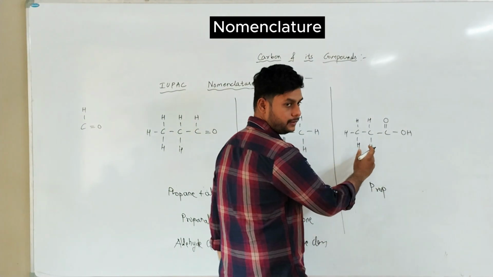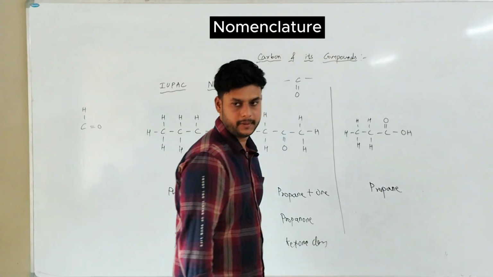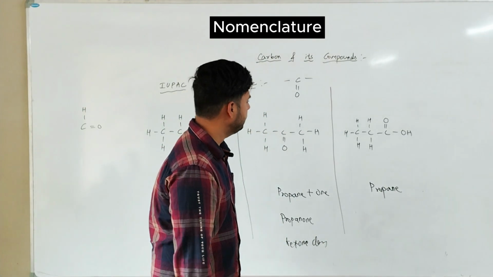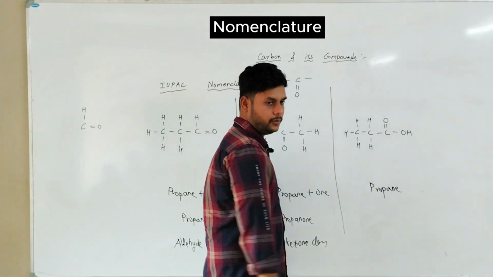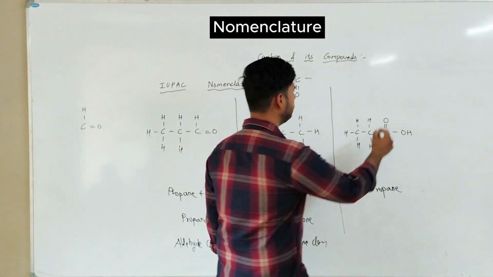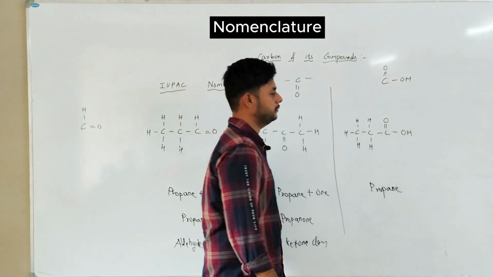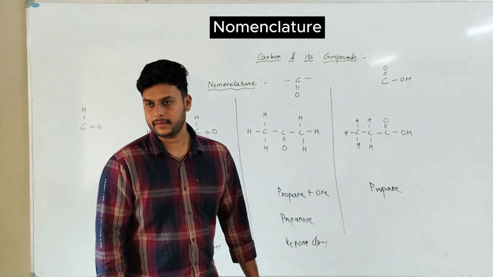Types of bonds between the carbon are single bond. Propane. Okay. Next. Do I have any chloro, bromine? Nothing. Prefix is absent. Suffix. I have C double bond O and OH. It is oic.